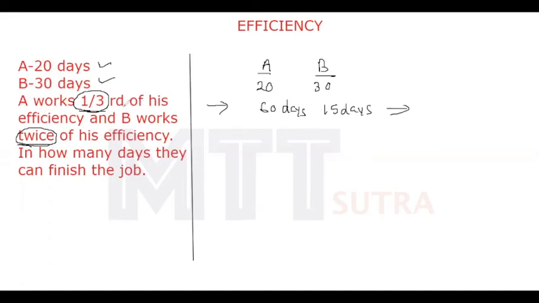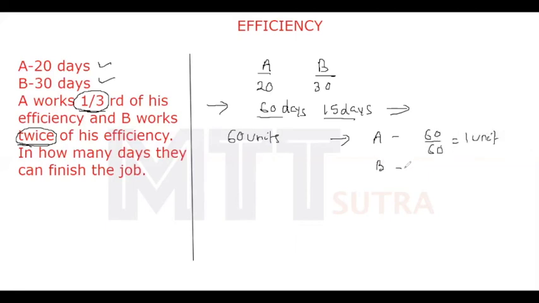Now we can solve this question in a regular way: A takes 60 days to finish the job and B takes 15 days to finish the job. In how many days can they finish the job working together? Again, we can take the total amount of work as 60 units, because it is the LCM of 60 and 15. So the amount of work done by A in one day is 60 by 60, 1 unit.